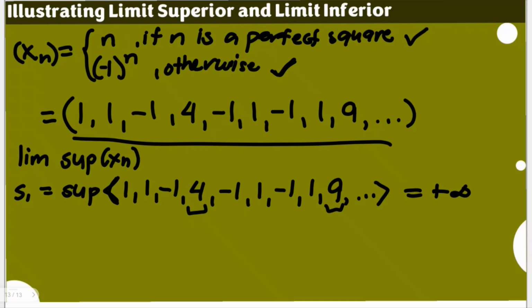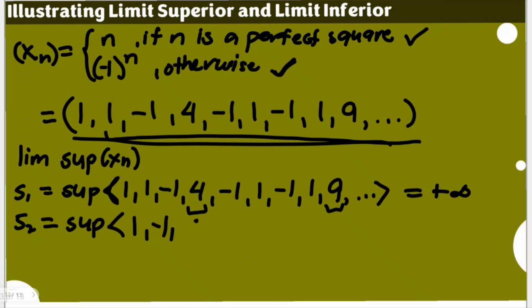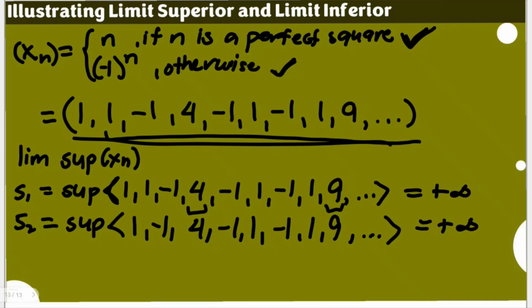Okay, next, what if I have here, considering the second to the next: +1, -1, 4, -1, 1, -1, 1, and 9. Same thing here. We have infinite values for the infinite natural numbers here. So the least upper bound is also infinite. It's very large. Okay?